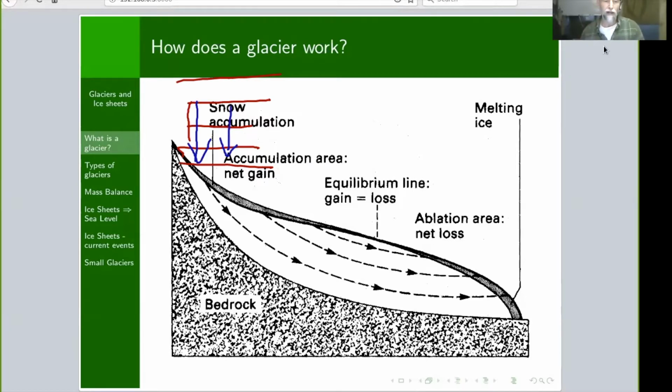Once it compacts to the density of glacier ice, which is around 917 kilograms per cubic meter, which is lower than the density of water, that's why ice floats, one of the things that makes ice a cool and different material. Once it compacts to that density, it begins to flow downhill.